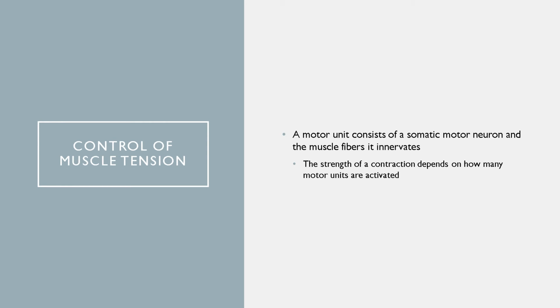Even though each skeletal muscle fiber has only a single neuromuscular junction, the axon of a motor neuron branches out and forms neuromuscular junctions with many different muscle fibers. So a motor unit consists of the somatic motor neuron plus all of the skeletal muscle fibers that it stimulates.